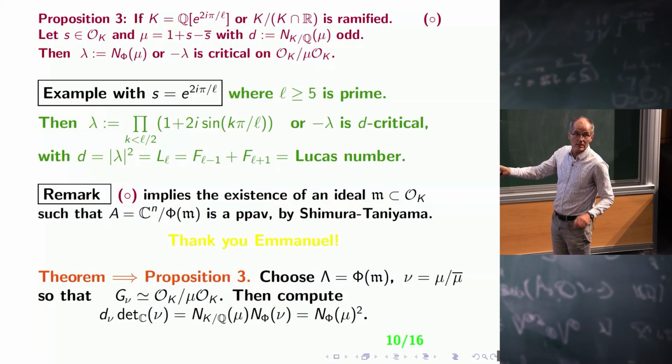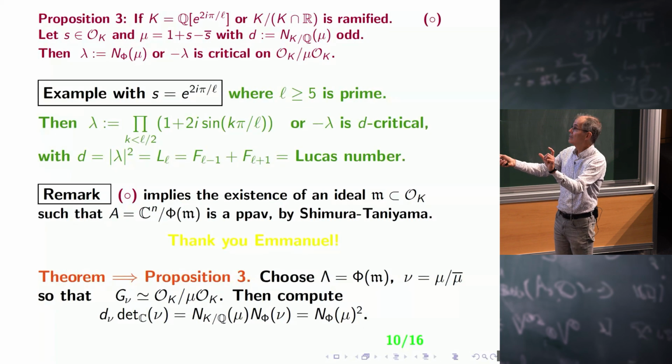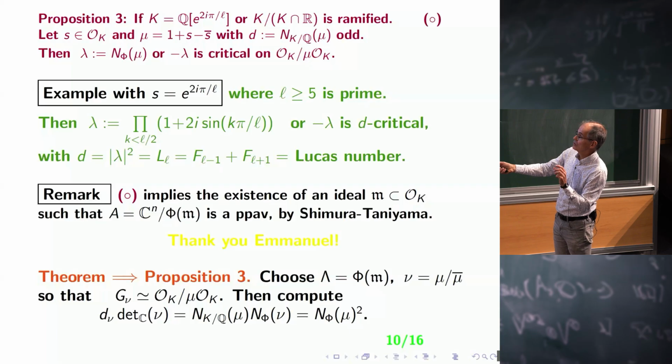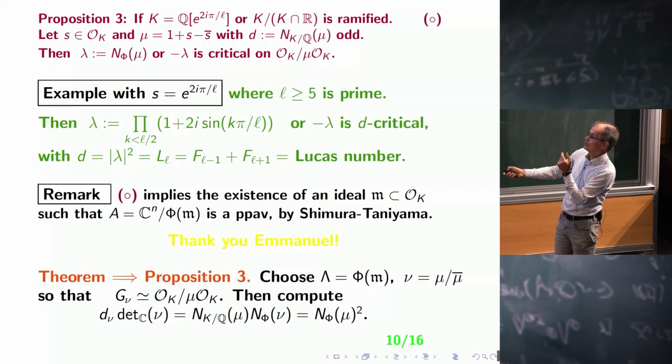And the norm is the product of the reflex norm by its complex conjugate. And on the right-hand side, you have the determinant of nu. The determinant of nu on C is just the reflex norm of nu. But I will choose nu to be mu over mu bar. So this is the ratio of the reflex norm of mu over its complex conjugate. So it cancels. You get a square.